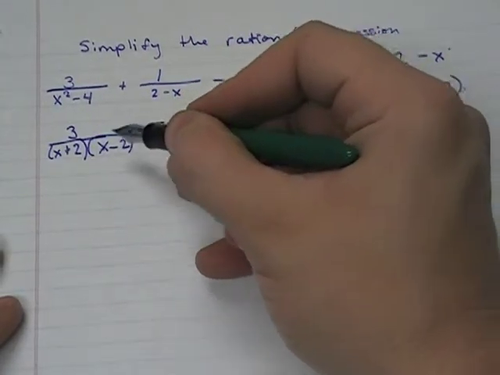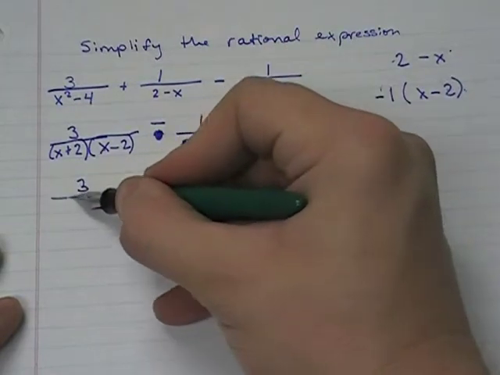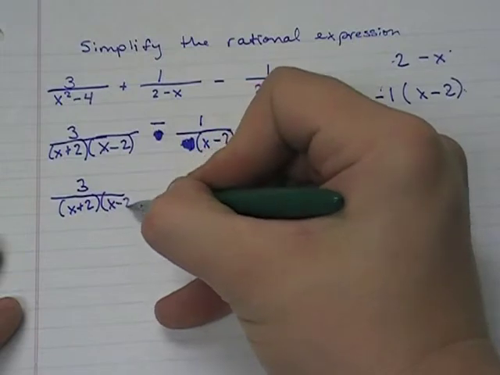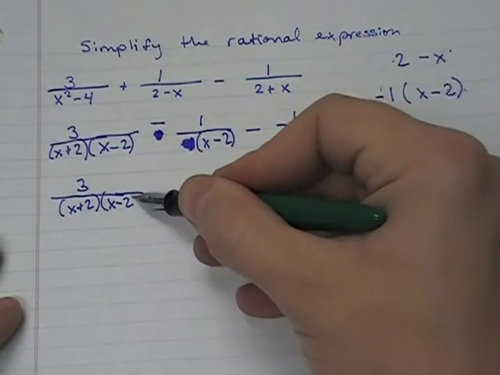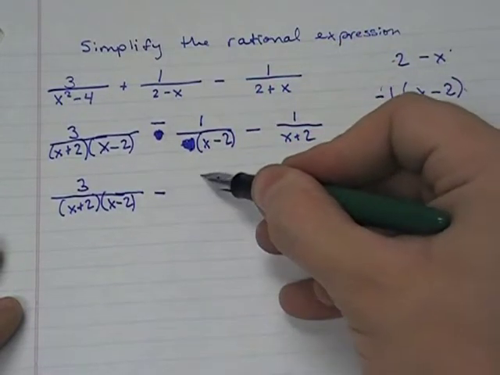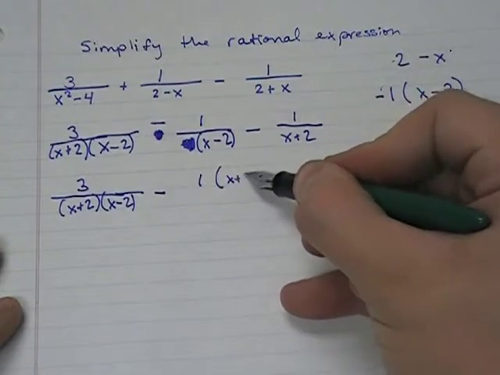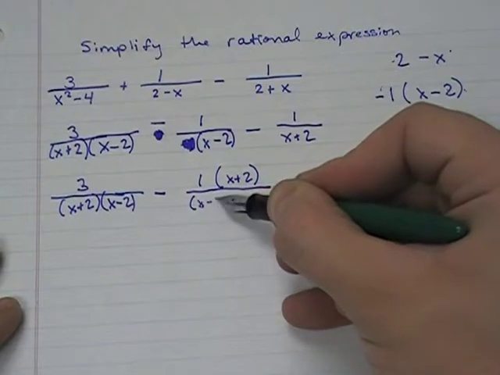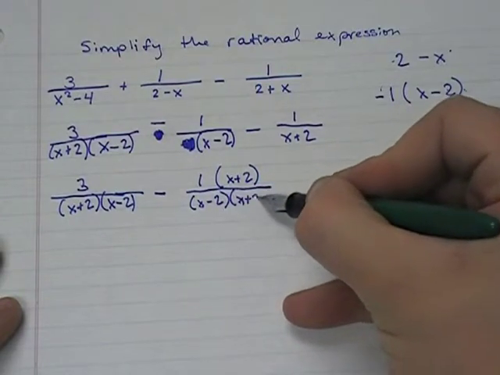This one already has the LCD, so it just gets copied: x plus 2, x minus 2. Minus 1 times x plus 2 over x minus 2, x plus 2.